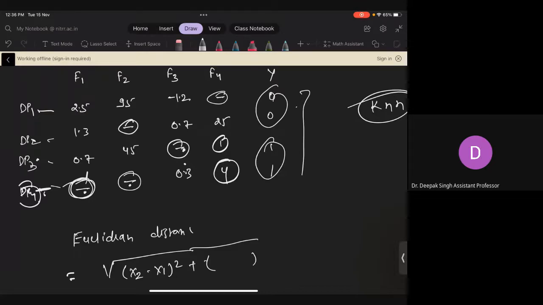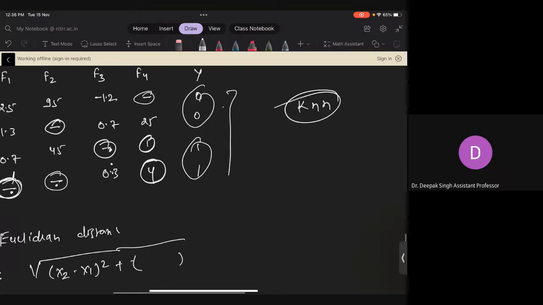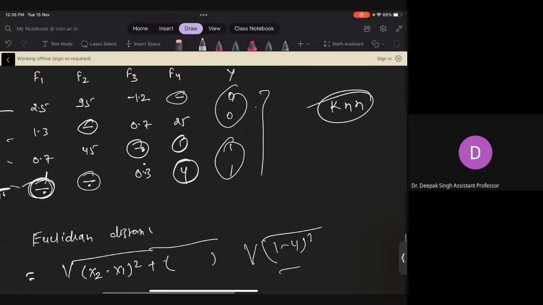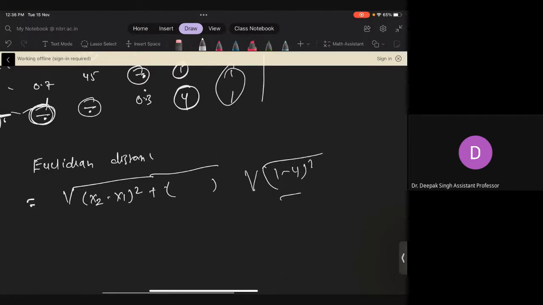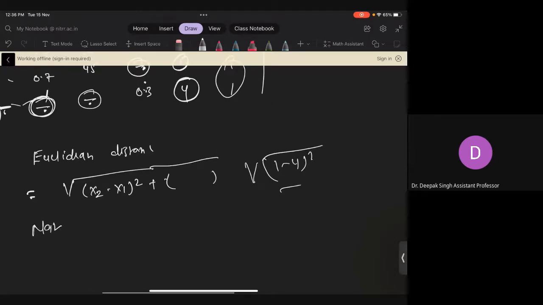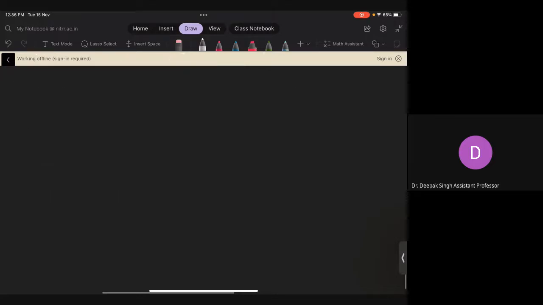So does it mean I need to compute only the square root of (1 minus 4) whole square? Is this the distance? No. We need to also consider these other data points. But because of the missing values, I could not apply Euclidean distance, so I would apply NaN Euclidean distance. This is a slightly modified form of Euclidean distance. I'll show you how.